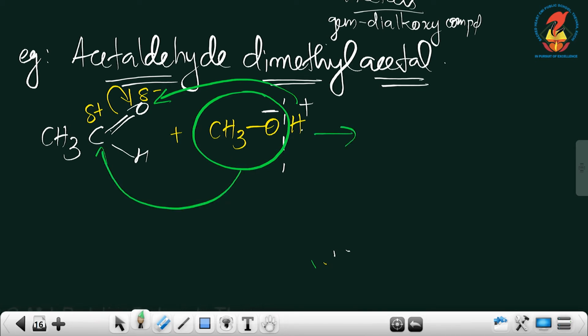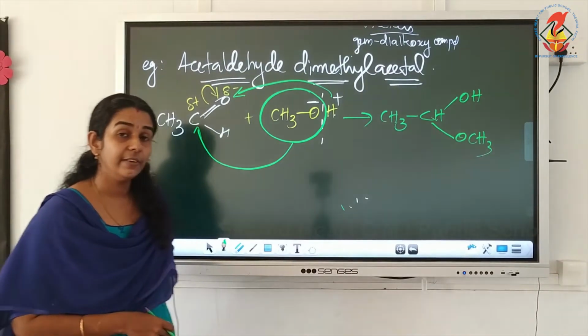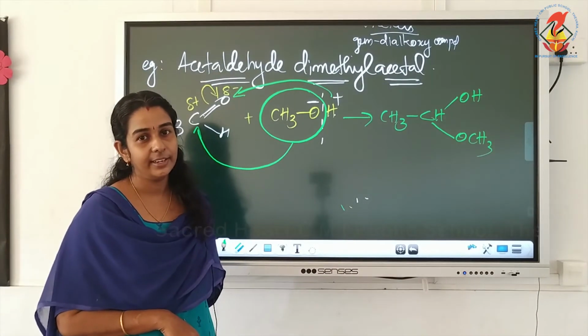So what we are getting here is, start from here, CH3, C single bond H can be written as CH, double bond O will become single bond OH, and to this carbon what is coming and attaching? OCH3 group. This is actually our hemiacetal, isn't it?